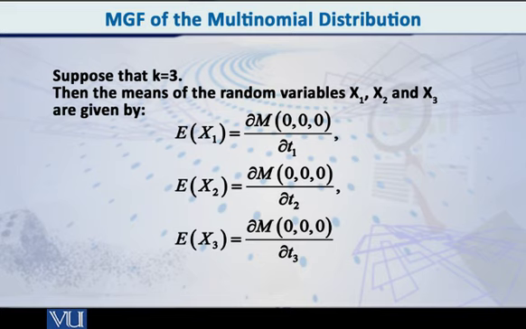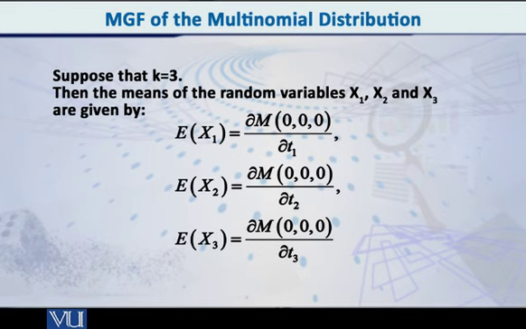And here, if I now suppose that k is equal to 3, just to make it simple, what are the expressions that we will have? If we are dealing with a multinomial distribution having k equal to 3, in other words a trinomial distribution, then, my dear students, the means of the random variables x1, x2, and x3 will be given by the following three expressions.